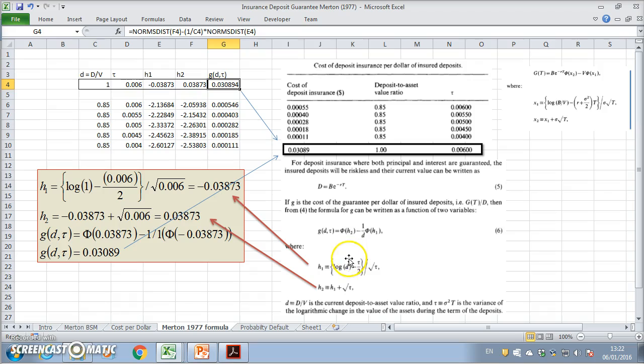So this is intended to illustrate that the formulation we have here is really no more than the formulation of a standard Black-Scholes type formula that we're accustomed to using.